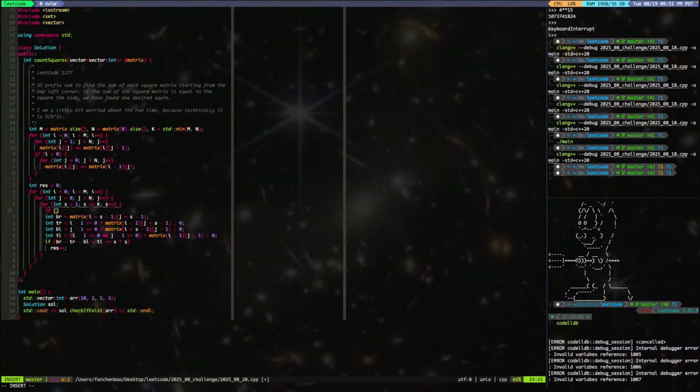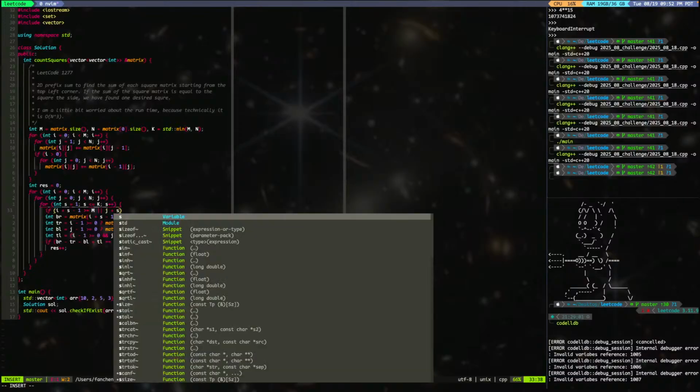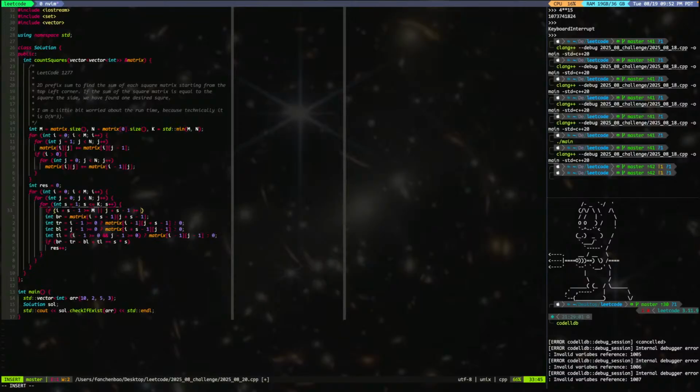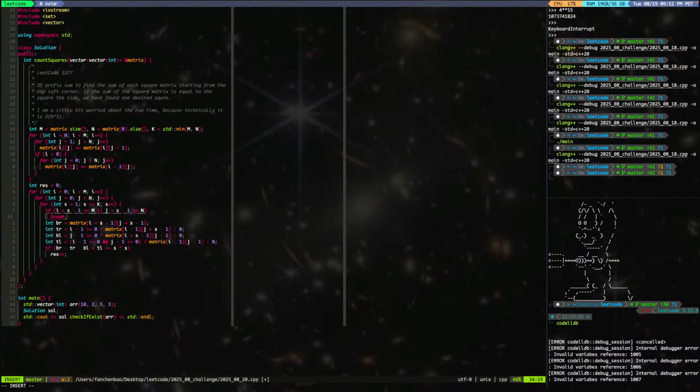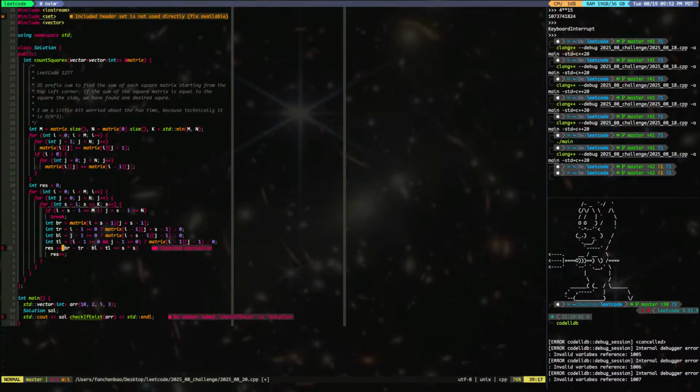If i plus s minus 1 is larger or equal to n, or no, m, or j plus s minus 1, now we break. Otherwise we go through this. I think I can do res plus equal to this.